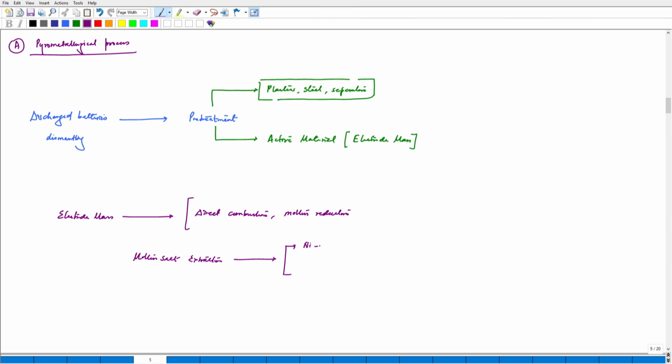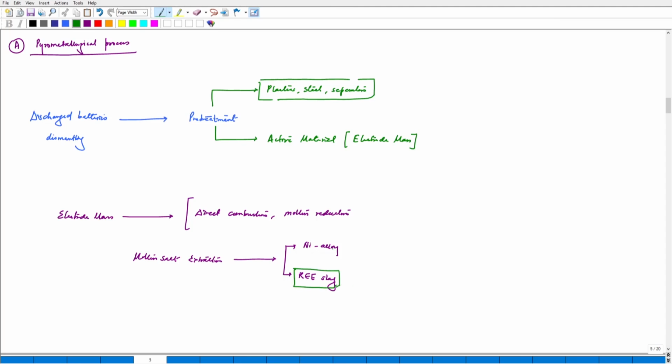We will get nickel alloy, and of course we know that different types of elements will be joining in this alloy. It's not pure nickel, and we will be getting REE based slags, which can be further recycled to get different types of REEs. That has to be discussed separately.